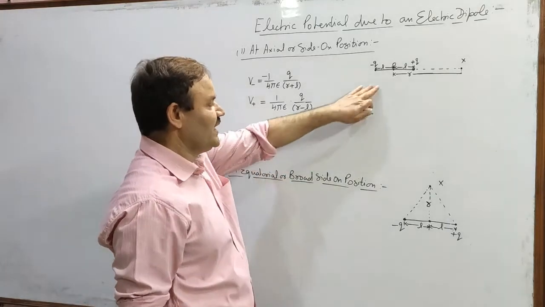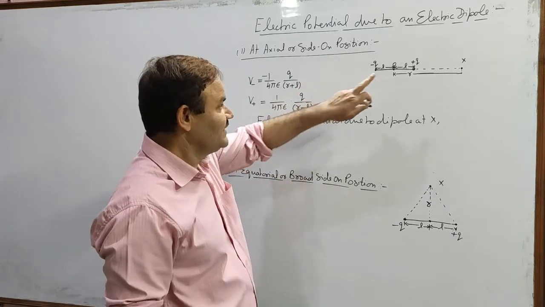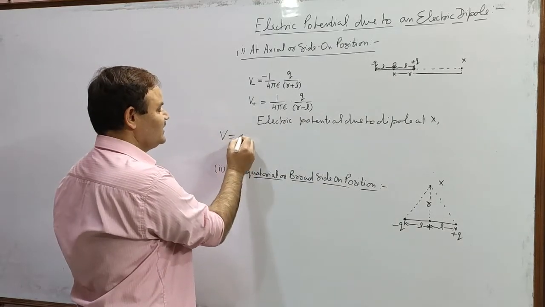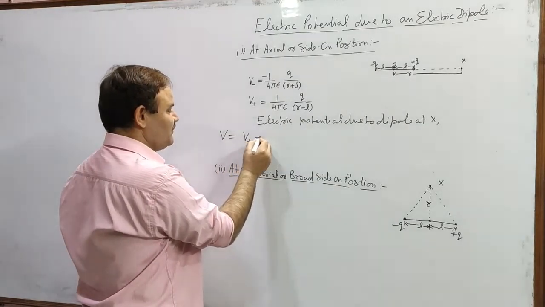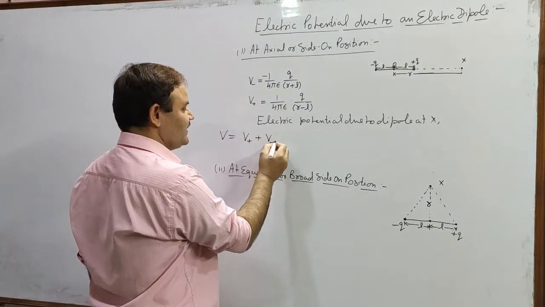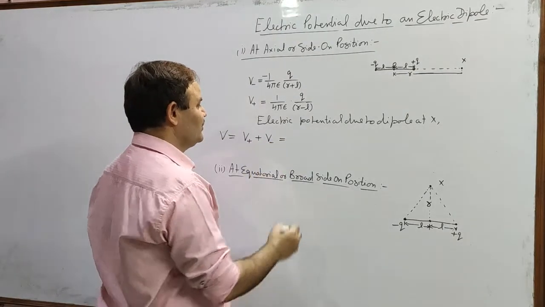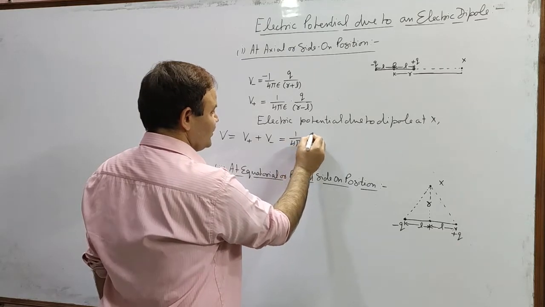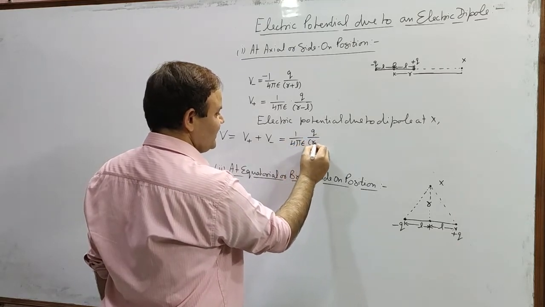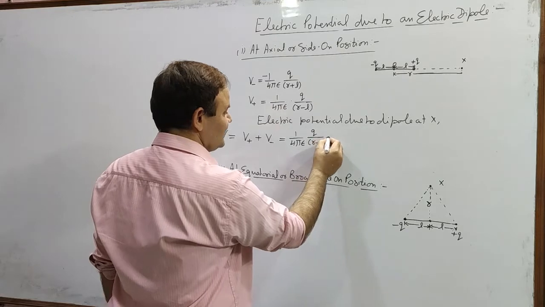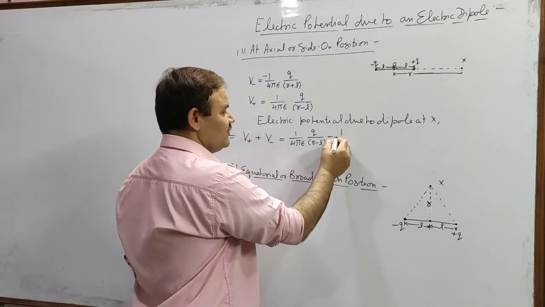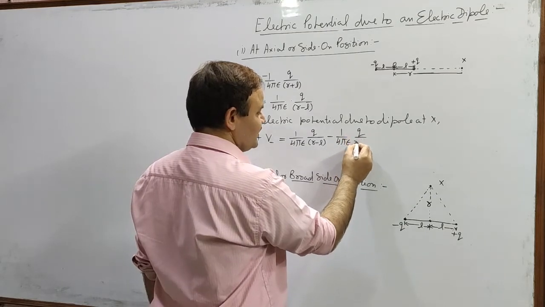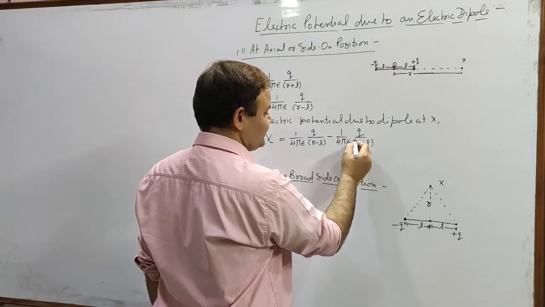Now the electric potential due to the electric dipole at X, V, will be V positive plus V negative. This is equal to 1 over 4 pi epsilon Q upon r minus l, minus 1 over 4 pi epsilon Q upon r plus l.